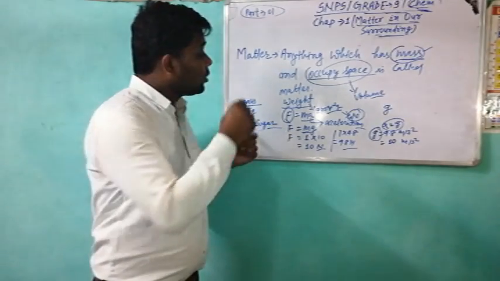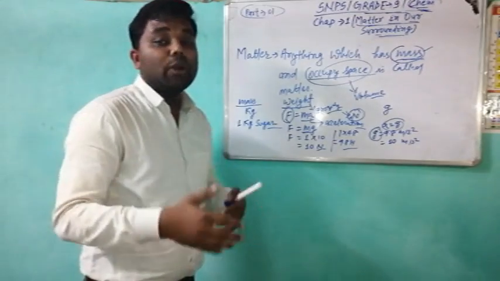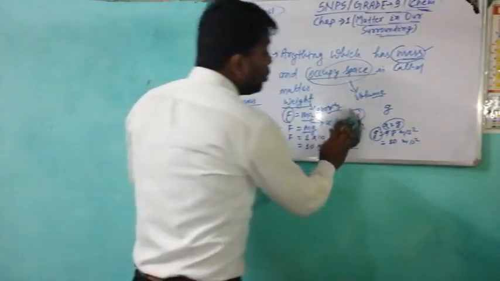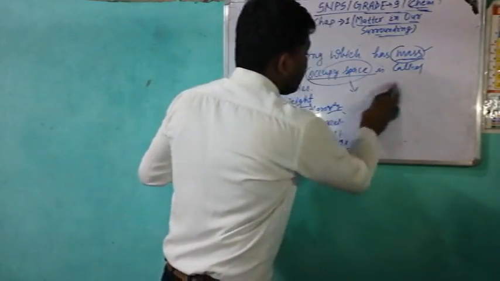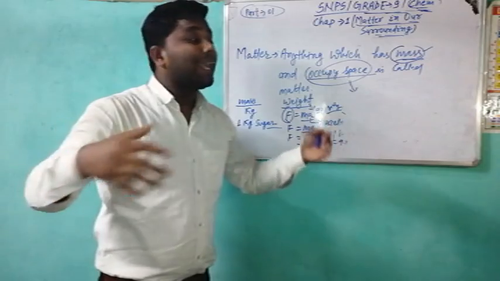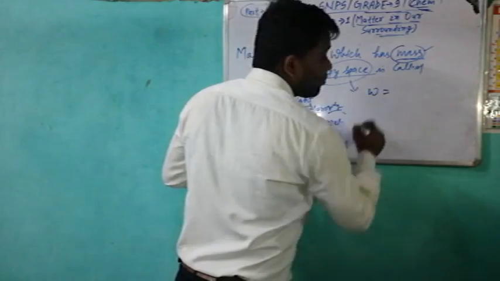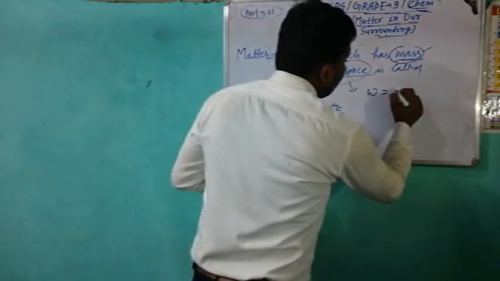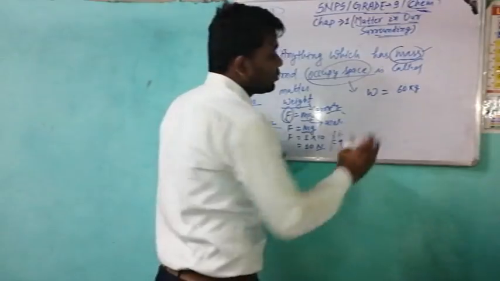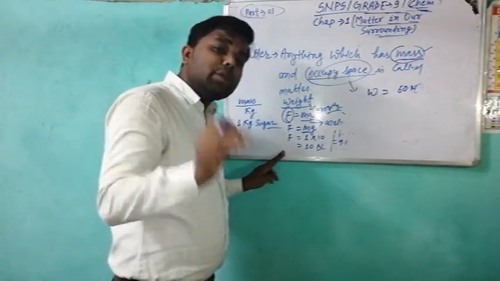I showed you that mass and weight are very different quantities, and the amount of weight is different on different planets, satellites and celestial objects. Suppose the weight of a man on the earth is 60 Newton. Then what is the weight of that man on the moon?